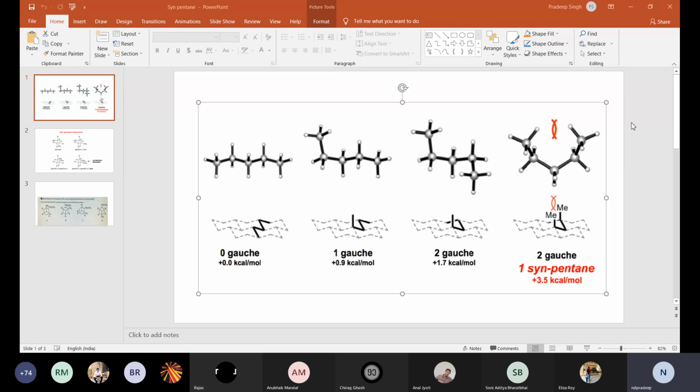Anyone who has heard this question can let me know. Yes, sir, I am audible. Yeah, you are audible now. Sir, so we follow this convention from pentane till hexane, heptane, octane? Yes, if it is a straight chain, you can follow this. It works nicely. Okay, sir.